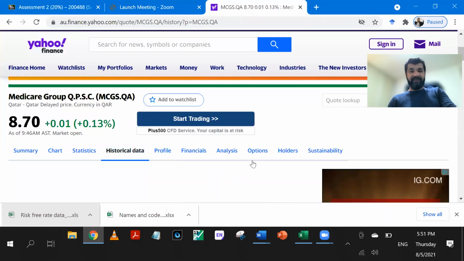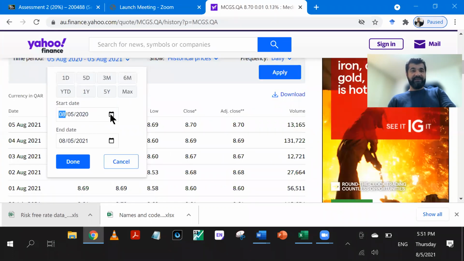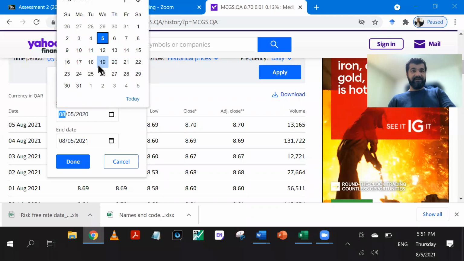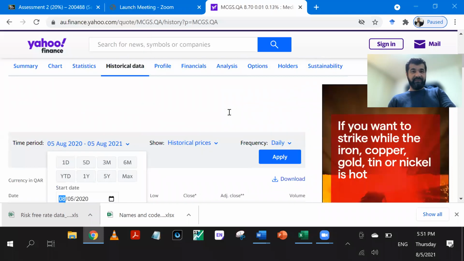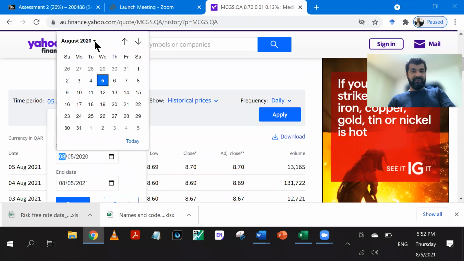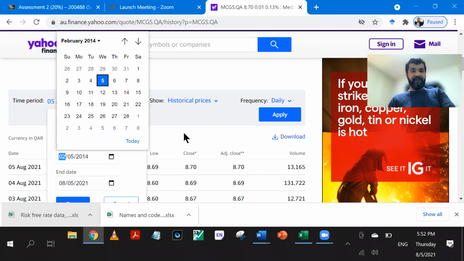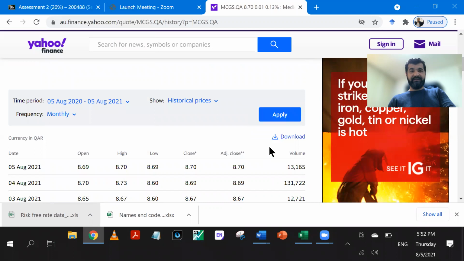Yahoo Finance, so you got this, you got historical data. Now you select from here. You can see all your data is in months, so your start date is here. You have to go to 14, so you go to 14 February, and you need the monthly data, not daily data.